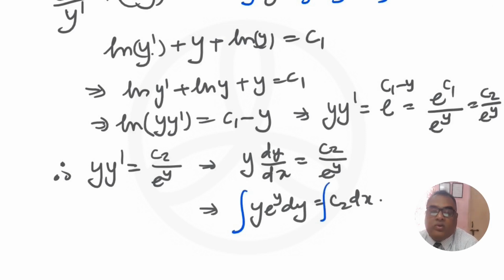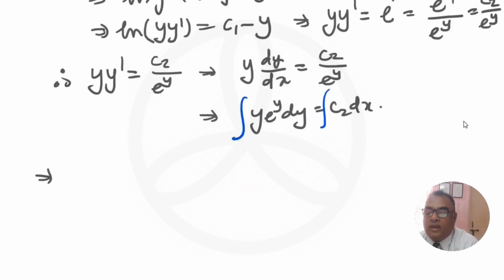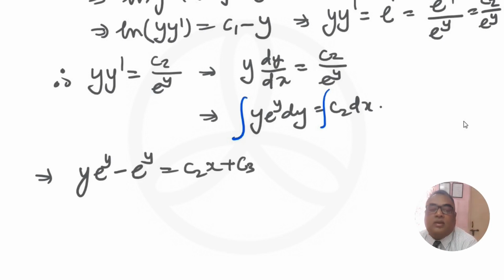Here we need to use integration by parts. When you apply integration by parts, your answer will be y e to the power y minus e to the power y, and this will be nothing but c2x plus another constant c3. This will be (y minus 1) e to the power y is equal to c2x plus c3. This is the final answer, friends, for this.